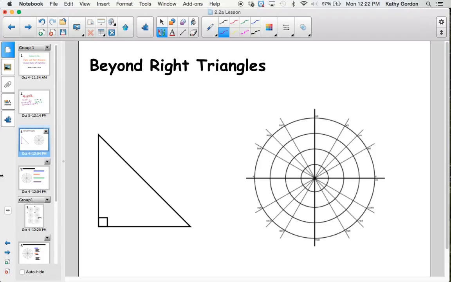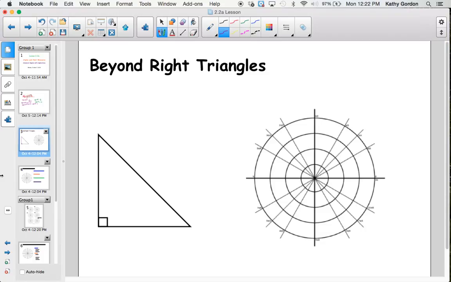is trying to take trigonometry beyond just right triangles. Okay? What we were doing before break, as long ago as that feels, is doing trigonometry based on the ratios of sides on a right triangle, which is all fine and good.